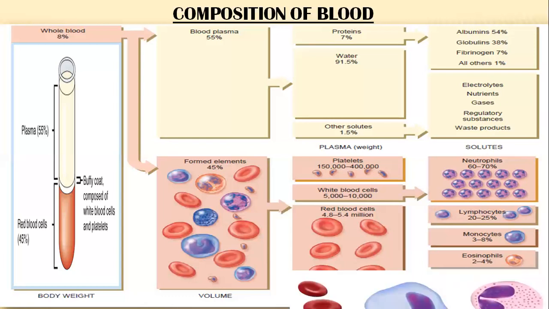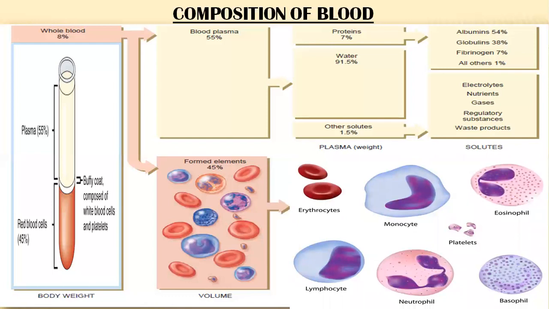So these cells, they are different in terms of structure. So you can see this diagram here. You have the red blood cells, then you have white blood cells. And here you can see platelets. So the white blood cells, they are different depending on the structure and the way they will pick up a stain.